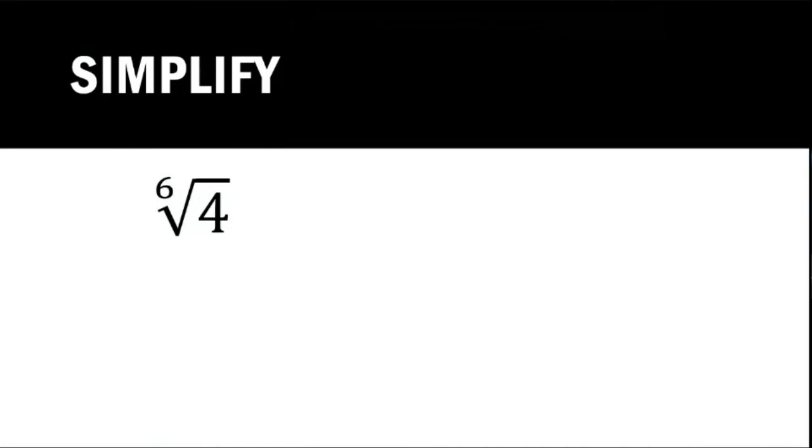Based on the previous example, we can change 4 into 2 squared, and that will become the 6th root of 2 raised to 2. Basically, 2 is less than the order, which is 6, so we cannot simplify it anymore. But since we need to reduce to the smallest possible index, we look for a common factor.